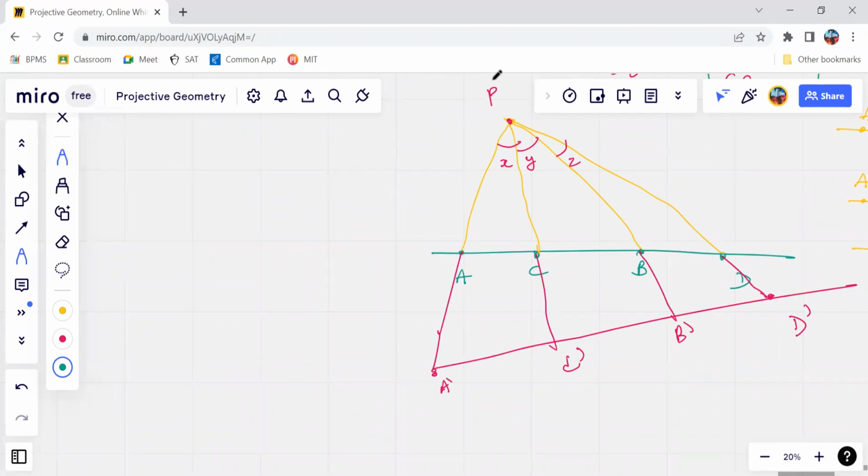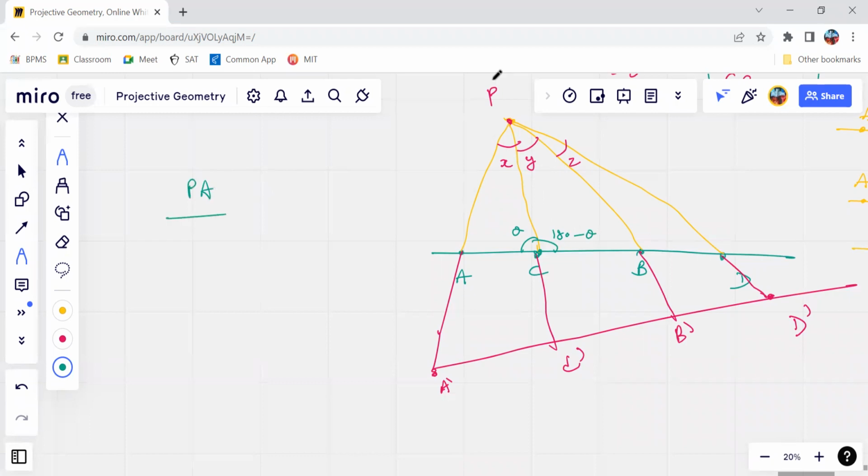This is unfortunately just using law of sines a bunch of times. But okay, let's just do it because why not? So applying the law of sines in triangle PAC, let's say this angle is theta, and this one is 180 minus theta.